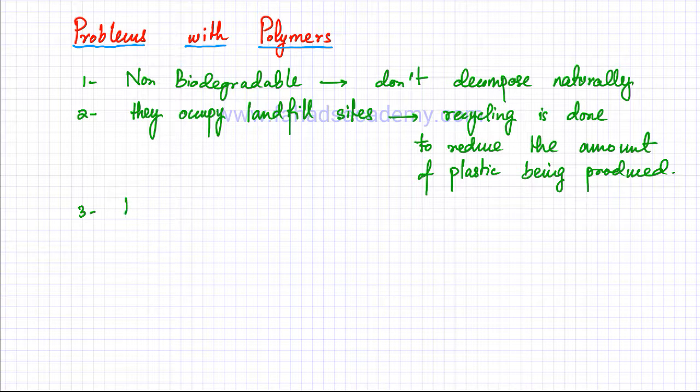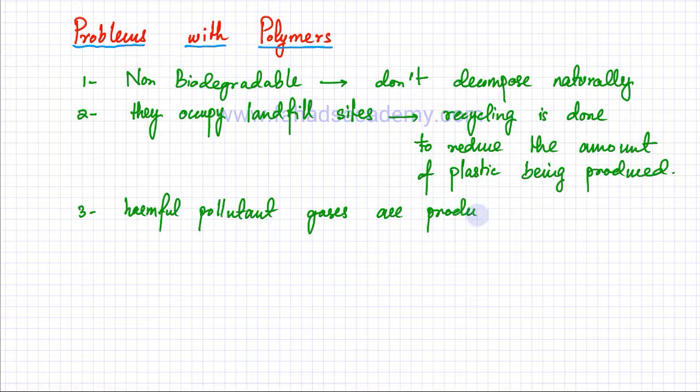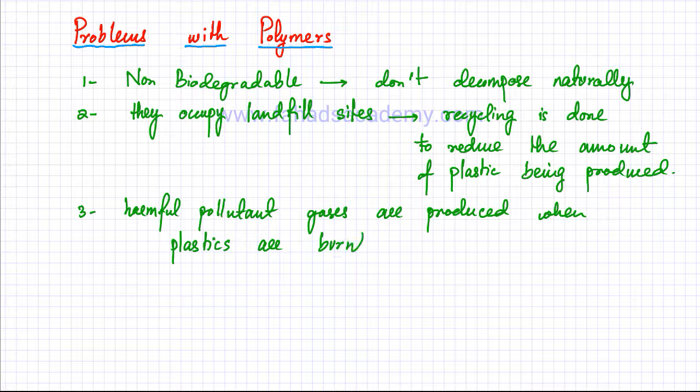So harmful pollutant gases are produced when plastics are burnt. And some of these pollutants are extremely harmful for human health. For example, carbon monoxide. It's a poisonous gas.